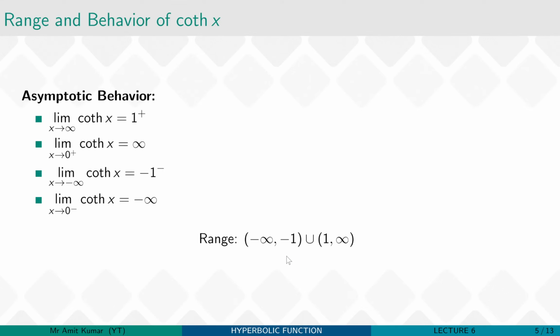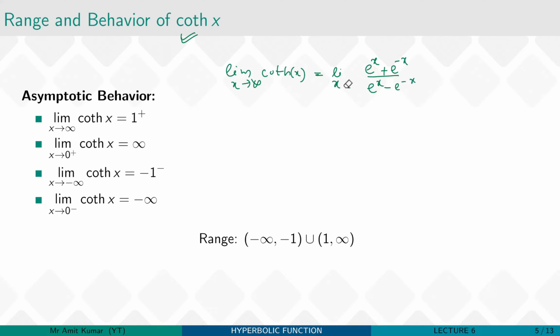Next, we discuss the behavior of coth x as x tends to positive infinity and x tends to minus infinity. Now we find the limit as x tends to infinity of coth x. This is equal to the limit as x tends to infinity of (e to the power x plus e to the power minus x) divided by (e to the power x minus e to the power minus x).